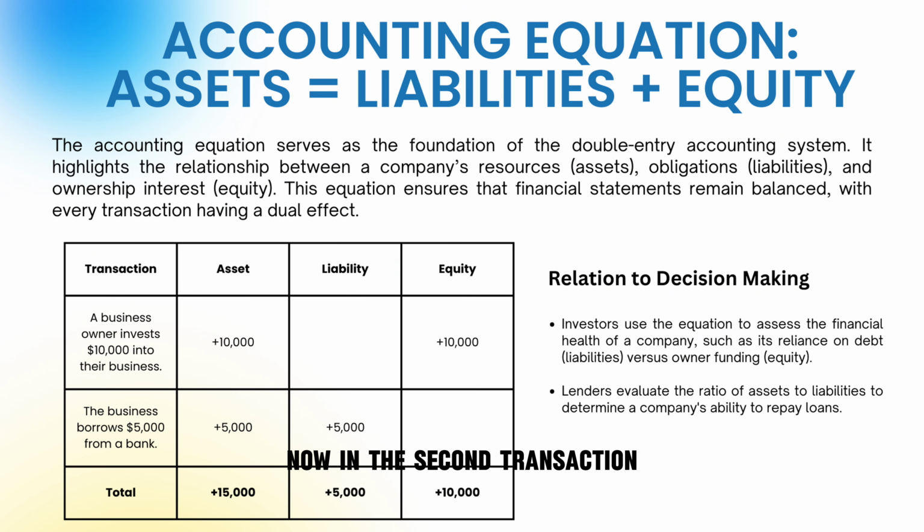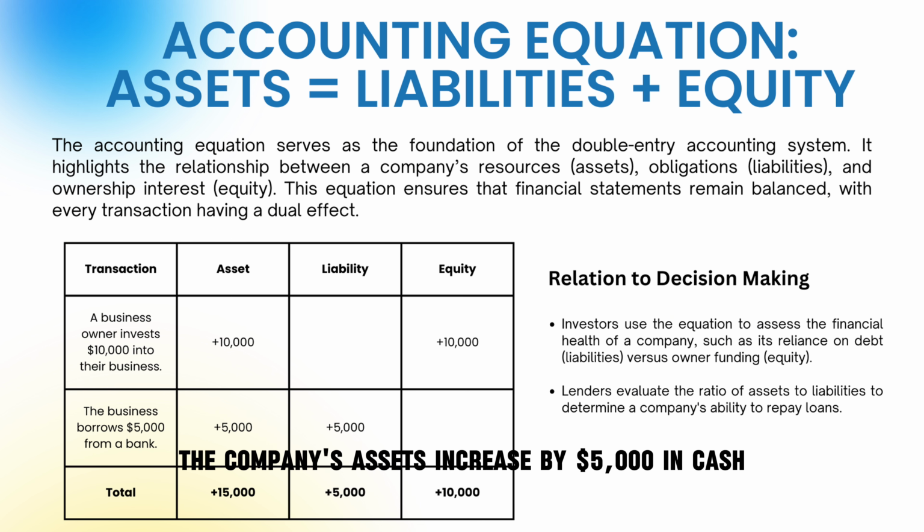Now, in the second transaction, the business takes out a $5,000 loan from the bank. The company's assets increase by $5,000 in cash. At the same time, liabilities increase by $5,000 because this is a loan that needs to be repaid.